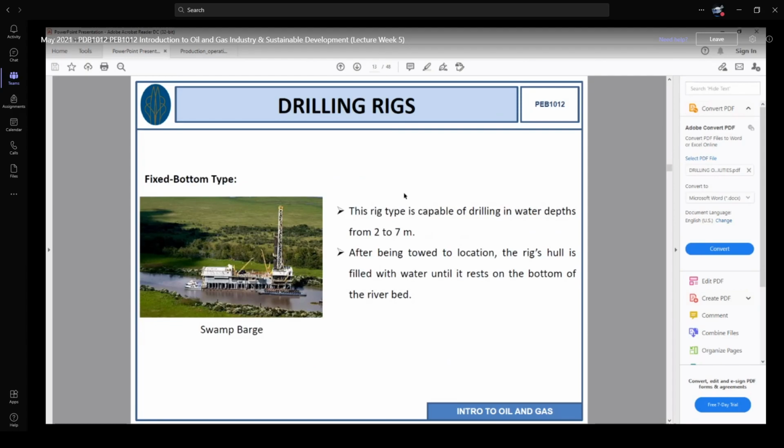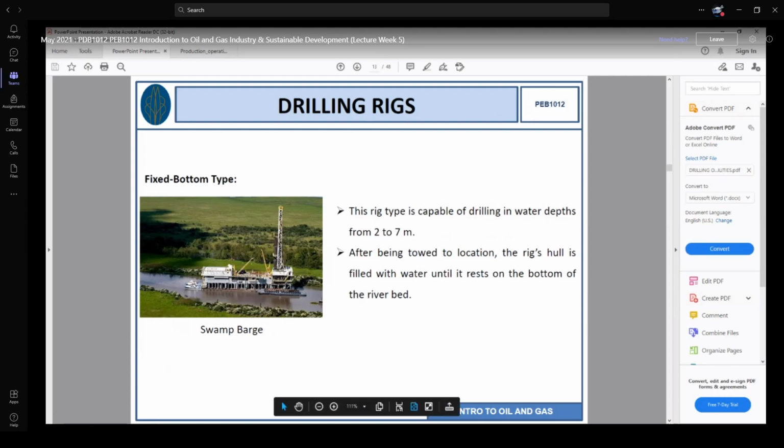Okay, let's talk about some offshore rigs. The first rig is for the shallower depth, between 2 to 7 meters. We call this rig a swamp barge. Why do we use this?